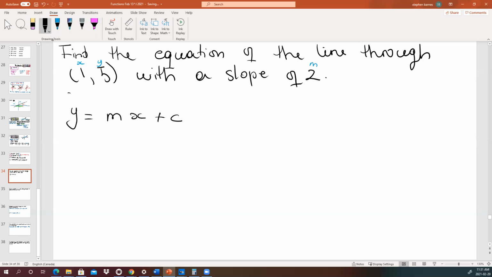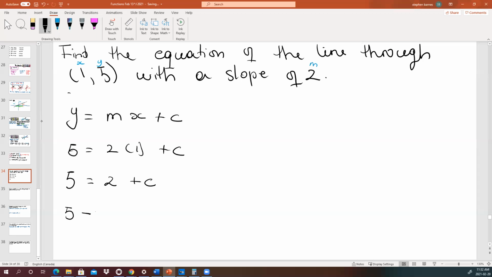So let's substitute all of these values in the formula, and then let us see what we get. y is 5, m is 2, x is 1, plus c. So we have 5 equals 2 times 1, which is 2, plus c.